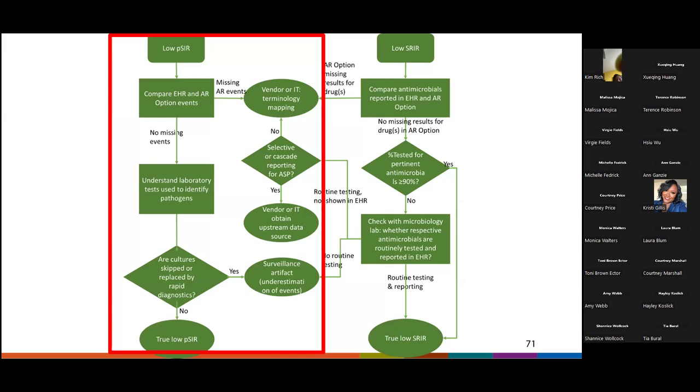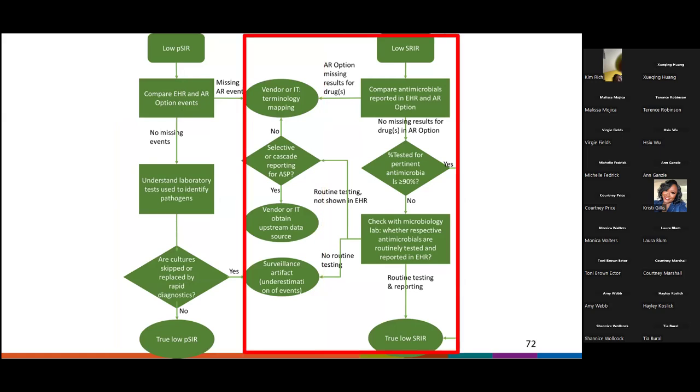If no AR events were missing, check with the lab and see if cultures are skipped or replaced by other tests. After making sure data were not affected by any of these data quality issues, then you can determine your pSIR is truly low.